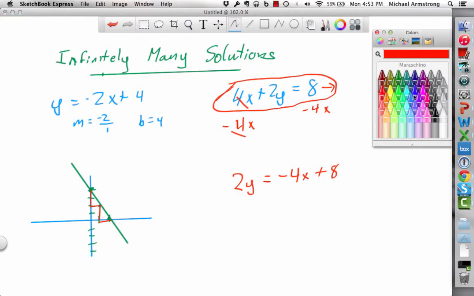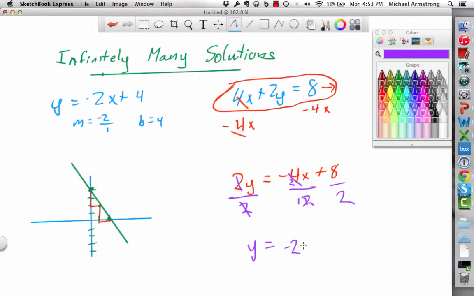And now the next step is to divide everything by 2, because we don't want that y to have that integer in front of it. We just want to have just the y there by itself. So we're going to divide everything by 2, which would be the next proper step. 2 halves is 1, so we just have y. And negative 4 halves becomes negative 2, because negative 4 over 2 is negative 2 over 1.